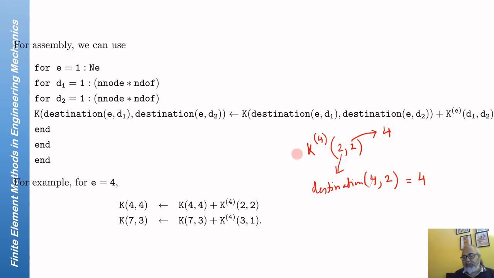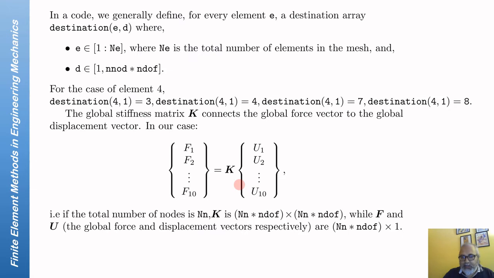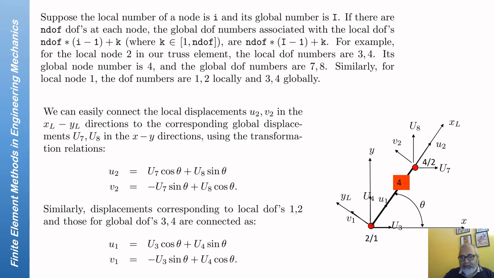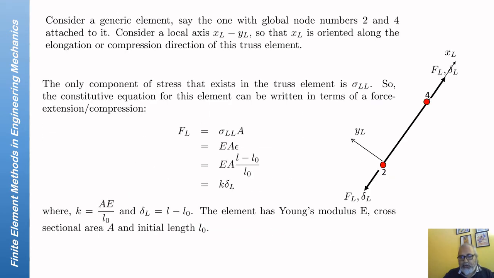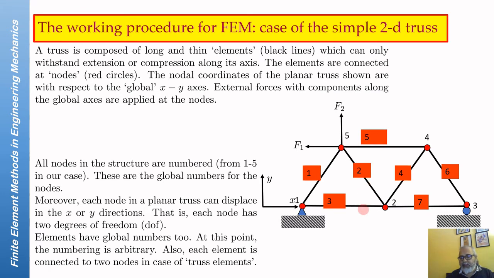Therefore, this has to go to global 4 4, and it has to be added to whatever was existing in global 4 4 before, because the global degree of freedom 4, which is here, is going to have contributions from element 2 and element 3 before it has contributions from element 4.